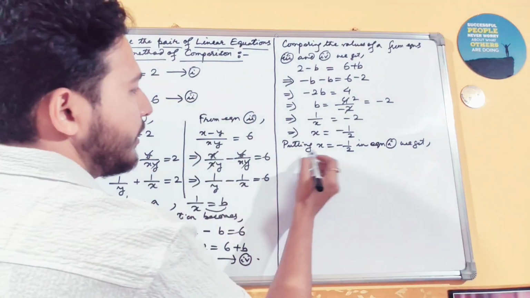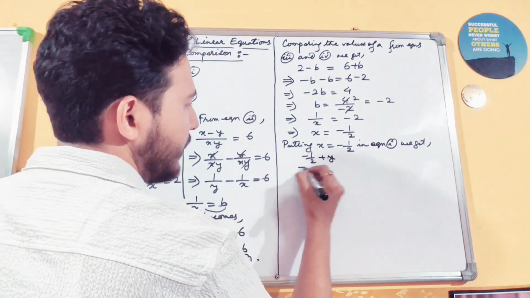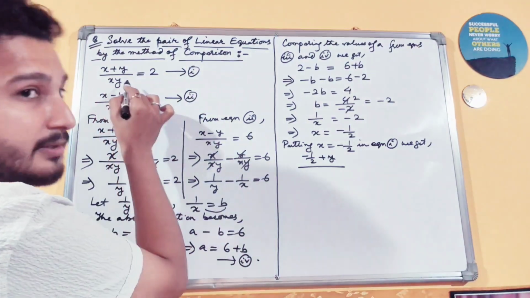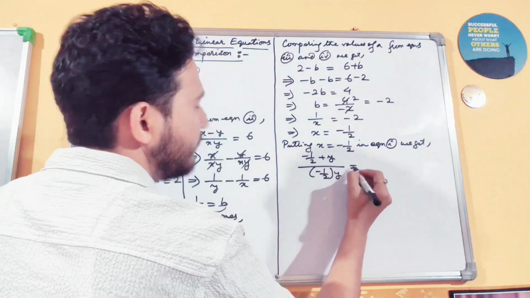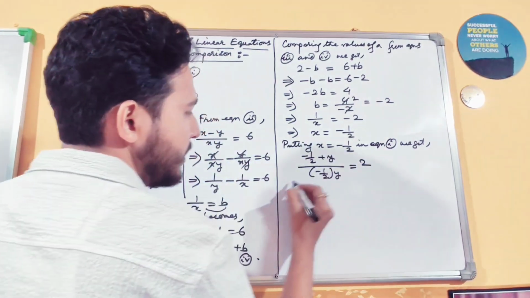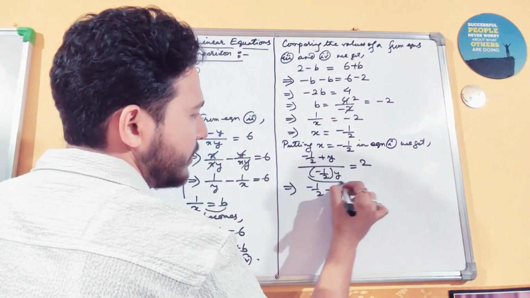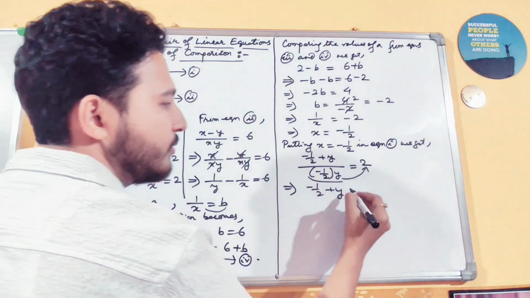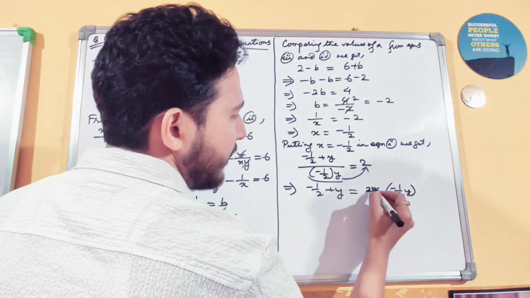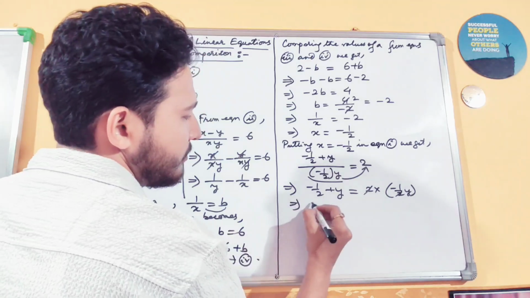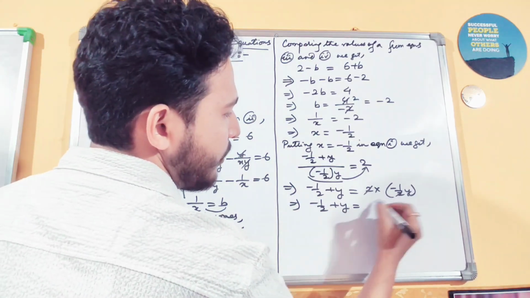Let's just put the value here. x is equal to minus half, so (minus half plus y) by (minus half into y) is equal to 2. Let's just solve this. Minus half plus y. Now this whole thing goes there and gets multiplied with the 2. So 2 into minus half of y. 2 gets cancelled. So minus half plus y is equal to minus y.